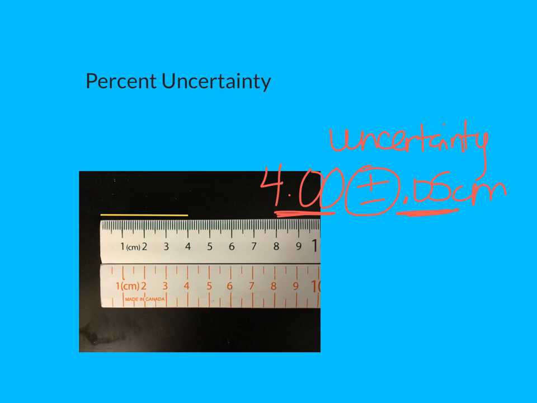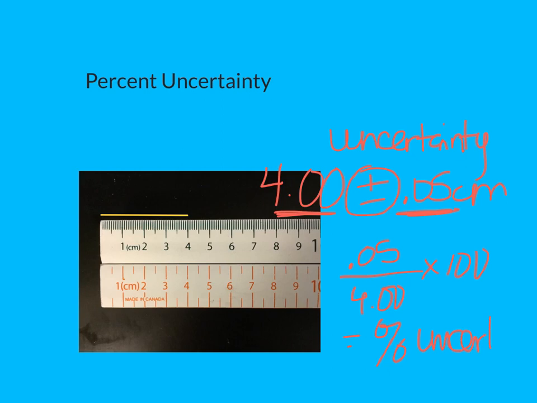Then what we do to find our percent error or our percent uncertainty is we want to know what percent of 4 is 0.05. So we take our uncertainty, 0.05, divide by our measurement, multiply by 100, and that'll give us our percent uncertainty.